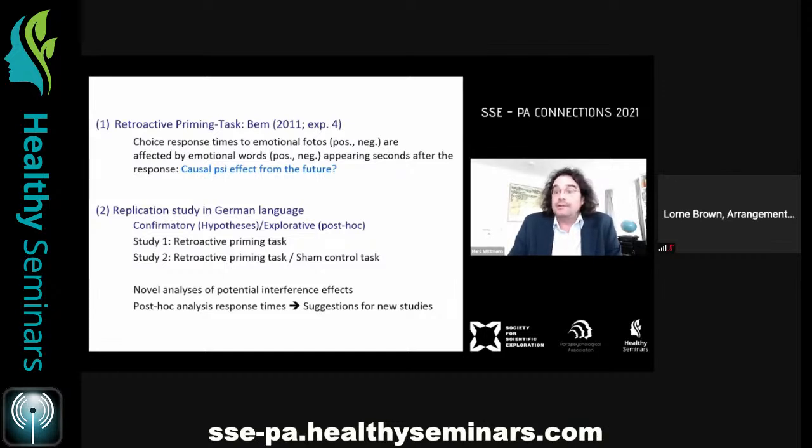And in study 2, next to the retroactive priming task, we had a sham control task, and I'll also talk about what this is. In addition to the usual analysis, we had some novel analysis to look at some potential interference effects which might be involved in these results. And we also did a post hoc analysis of response times, which will reveal some suggestions for future studies.